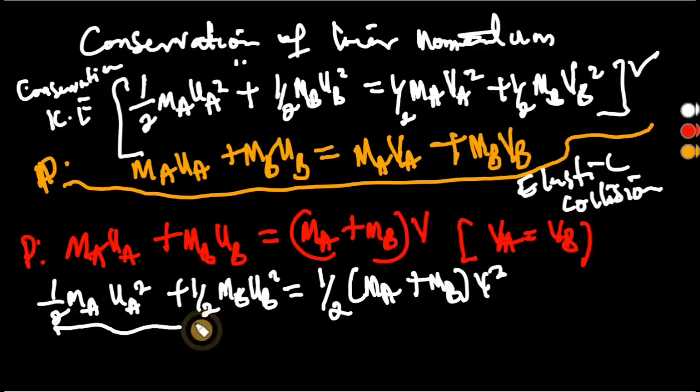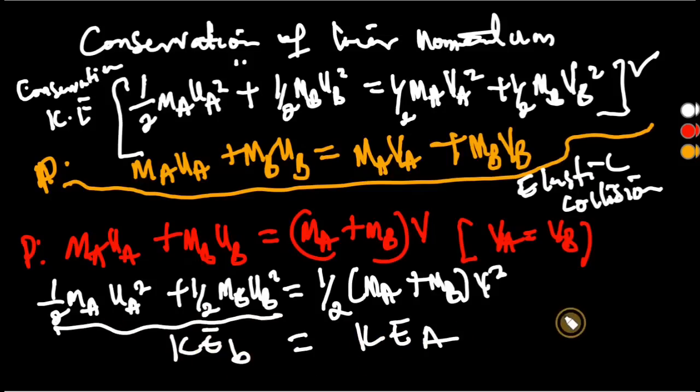So this is kinetic energy before the collision, and this is kinetic energy after the collision. You notice that for inelastic collision, the kinetic energy before and after the collision is different. So kinetic energy is usually lost for bodies in inelastic collision.